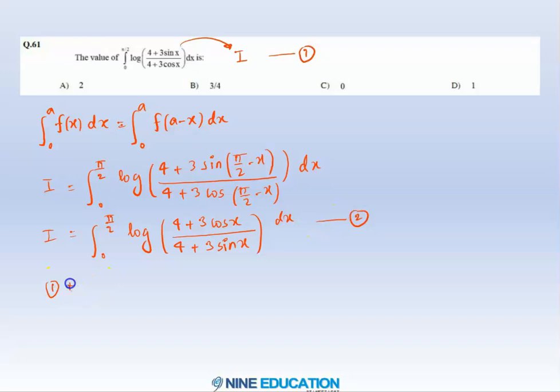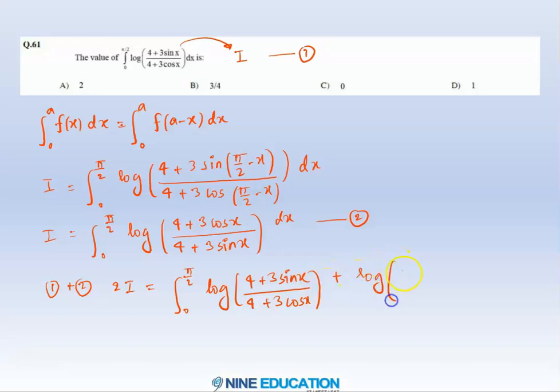if I add both of these, I will be getting 2I is equal to 0 to pi by 2 log 4 plus 3 sin x divided by 4 plus 3 cos x, plus, since the limits are same, 0 to pi by 2, log of 4 plus 3 cos x divided by 4 plus 3 sin x dx.